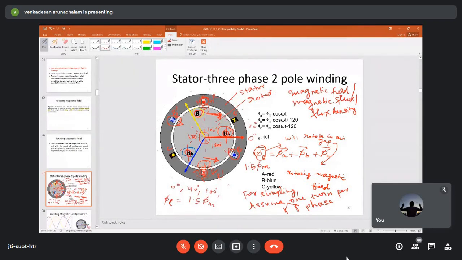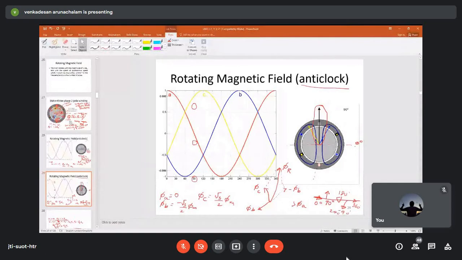In order to prove that, we have to take some instant, right? First, we will take the 90-degree instant. 0 degree I am taking with respect to this plane. So let me assume this is 0 degree, this is 90 degree, this is 270 degree, some instant I am taking.